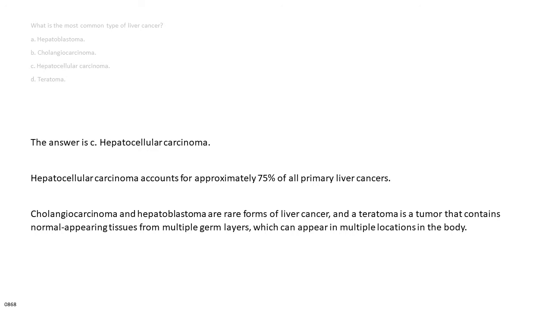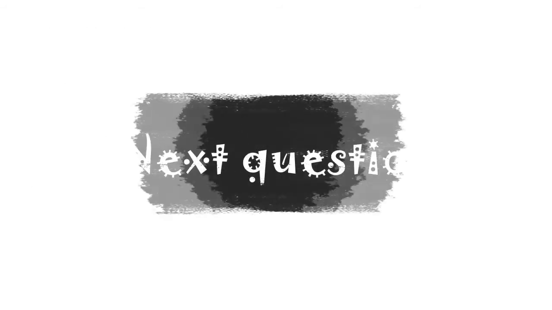Hepatocellular carcinoma accounts for approximately 75% of all primary liver cancers. Cholangiocarcinoma and hepatoblastoma are rare forms of liver cancer, and a teratoma is a tumor that contains normal-appearing tissues from multiple germ layers, which can appear in multiple locations in the body.